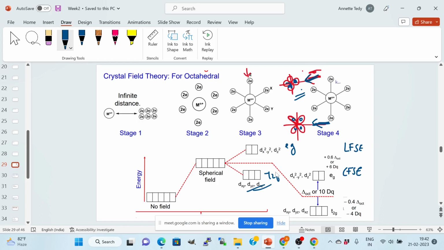So after this happens, the metal relaxes to a lower energy. So compared to the free metal, the complex is much more stable. See, first the metal was here. Now the T2G has got a lower energy than the original metal. So that's why metal likes to form complexes, because from its free state it is getting a lower energy configuration.